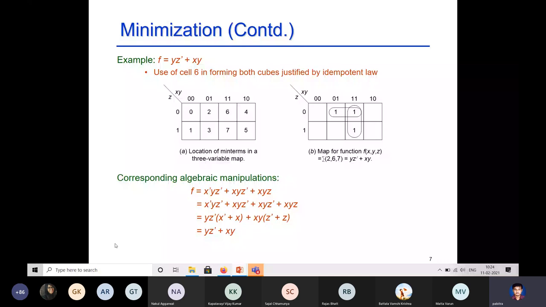But beyond that, say 5 variable or 6 variable, theoretically they are possible, but finding patterns in such large maps becomes more and more complex. And beyond it's useless. There is no point in applying Karnaugh to minimize a 6 variable function. It's almost useless, or rather a 7 variable function. 5 and 6 are theoretically possible, but rarely adopted. There are better methods. Up to 4, it's very nice. It's very convenient.